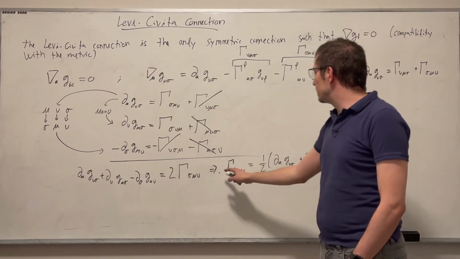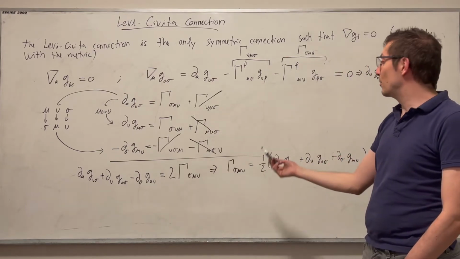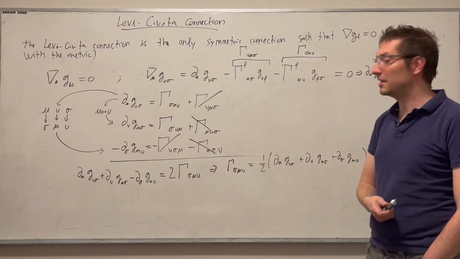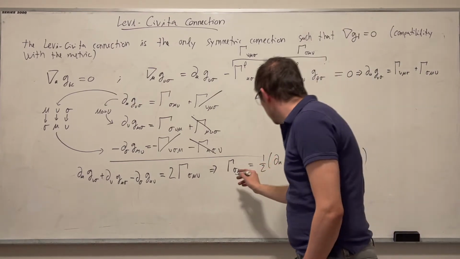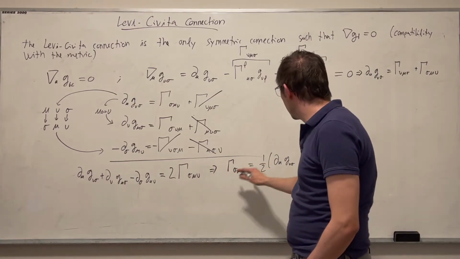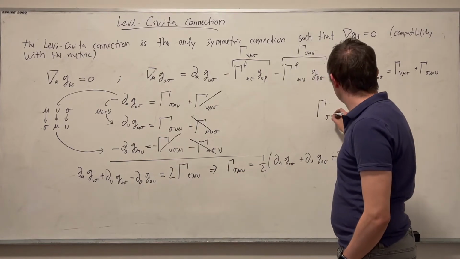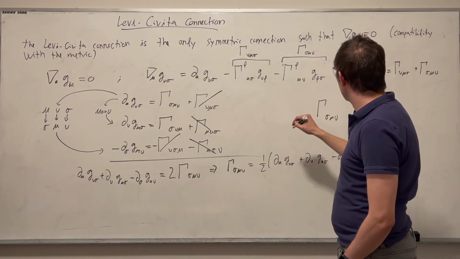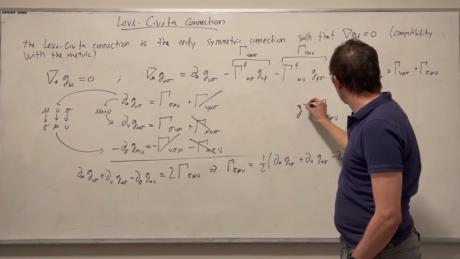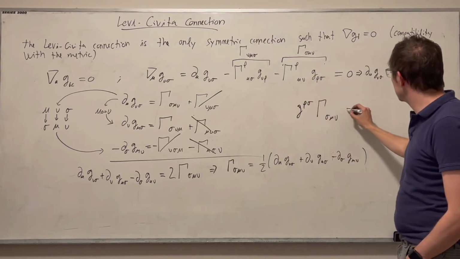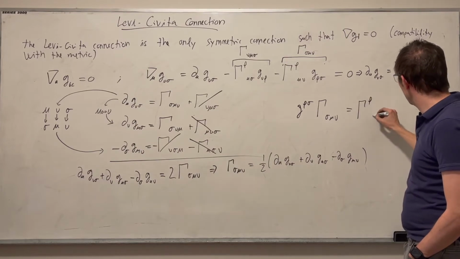Well, now to get back the coefficients of the connection in the way we defined it with the first index being upstairs, we can now multiply by an inverse of the metric here. So if I have this thing, sigma mu nu, we remember that we can raise this thing by multiplying by g rho sigma, right? If we do that, this thing is exactly equal to gamma rho mu nu.